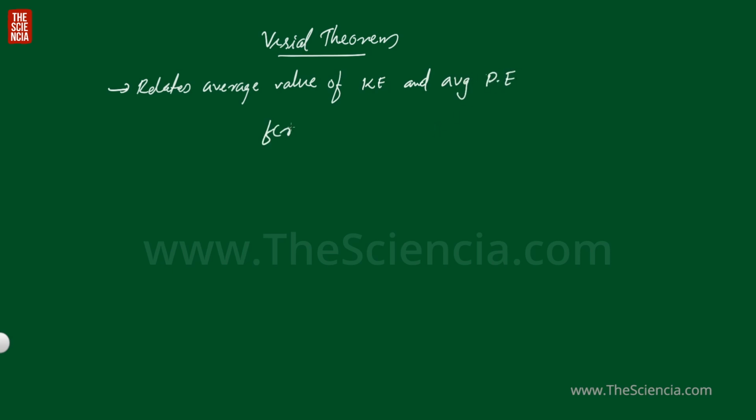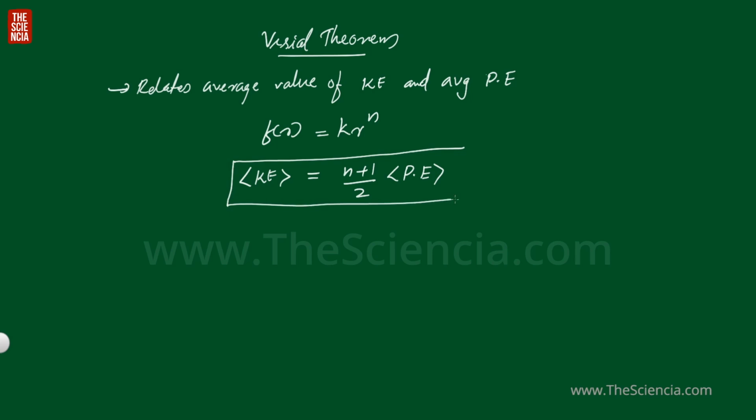That is, for a force f of r equal to k r raised to n, the average kinetic energy of the particle moving in this force will be equal to n plus 1 by 2 of the average value of potential energy. So this relates the average value of potential energy and kinetic energy under a central force.